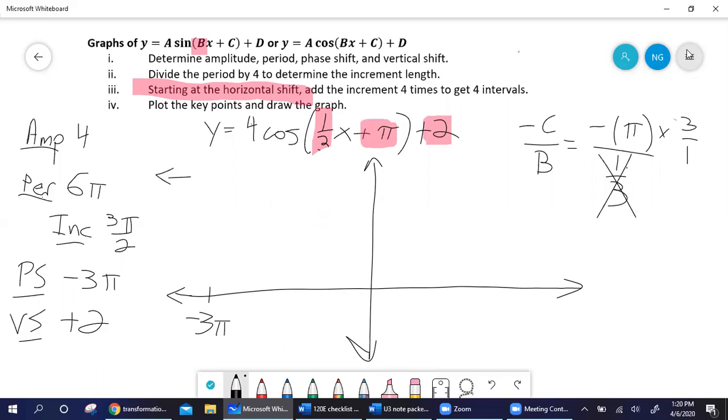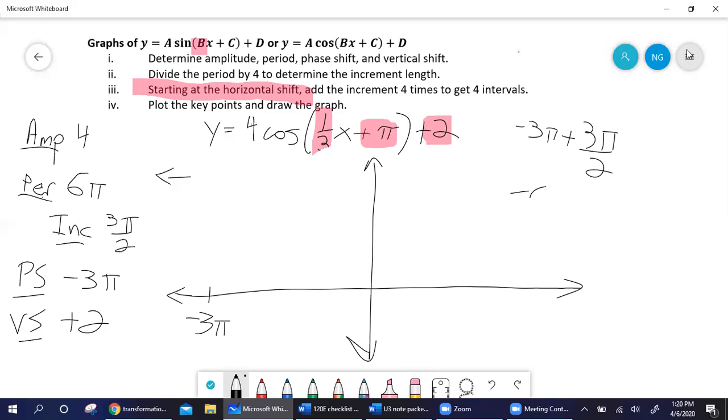If I add my increment 4 times, so negative 3 pi plus the increment 3 pi over 2. Well, with common denominators, that would be negative 6 pi over 2 plus 3 pi over 2. That gives me negative 3 pi over 2. So my next increment is at negative 3 pi over 2.